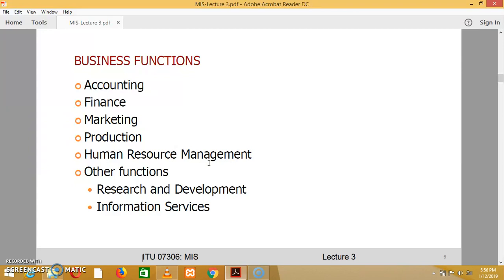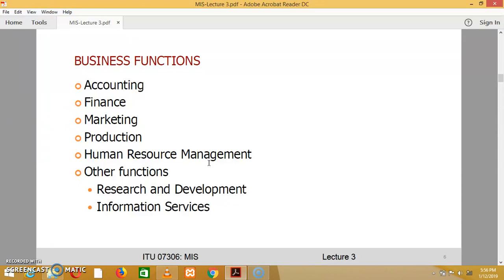In any business or organization, there should be these main functions. We should have an accounting function for keeping records of all transactions and other costs in the organization.